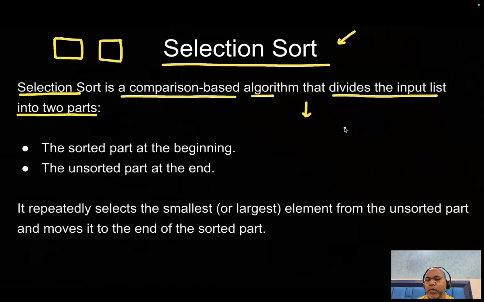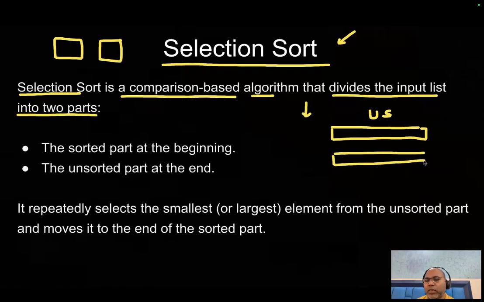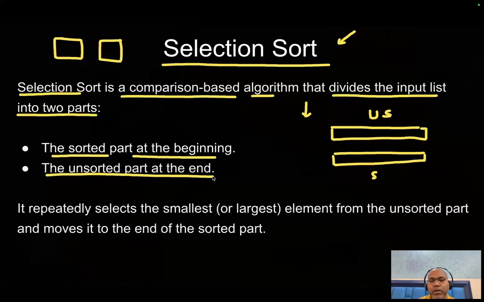Just assume the list we receive is an unsorted list, and we are going to make a new list that is a sorted list.